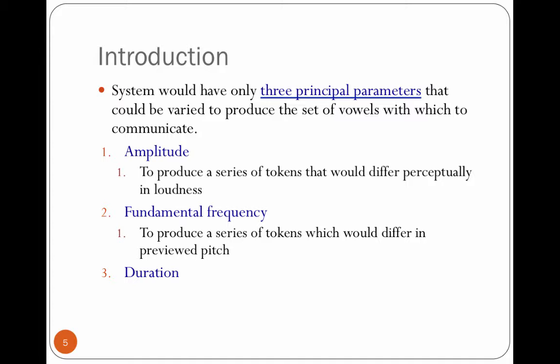So without your oral cavity or your nasal cavity, these resonance cavities, which we'll talk about, you would only be able to vary the amplitude, the frequency, and the duration of a buzz sound. So we wouldn't have this very complex language system if it weren't for your oral cavity and your nasal cavity, if it weren't for resonance and filtering.